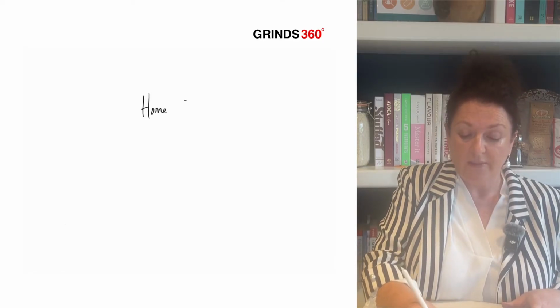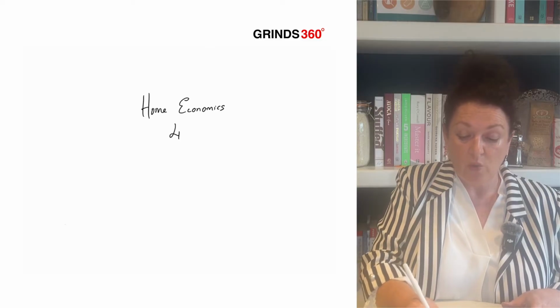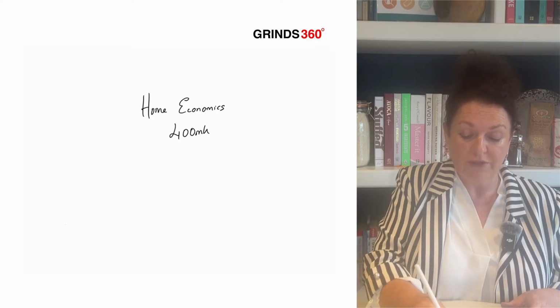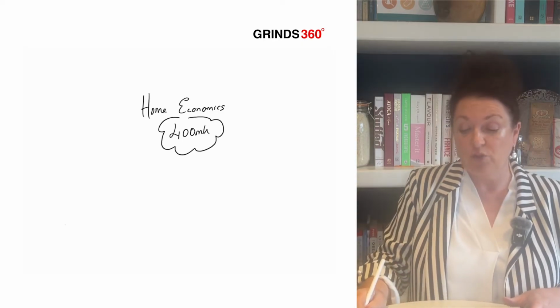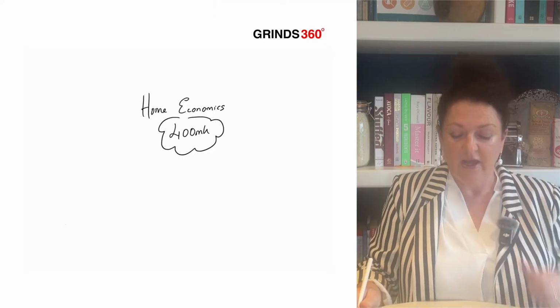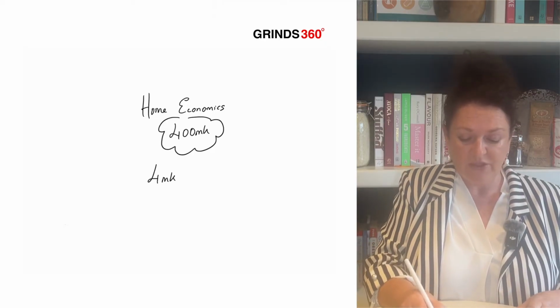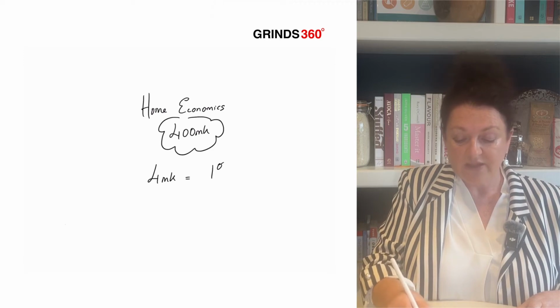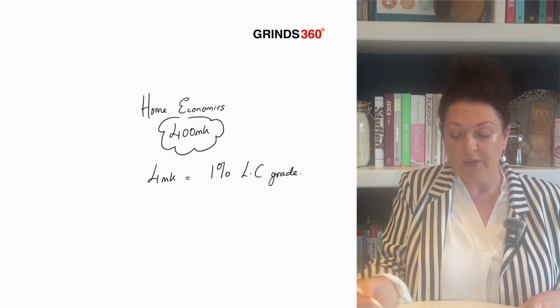Now, the Home Economics exam is worth, as I mentioned earlier, 400 marks. One thing my students regularly joked about over the years, it's like it's engraved in their brain, is that it doesn't take too many mathematicians to work this one out: every 4 marks is 1% of the Leaving Cert grade.